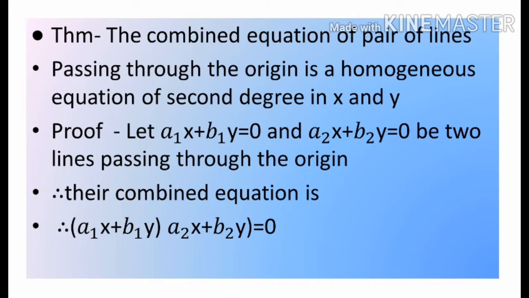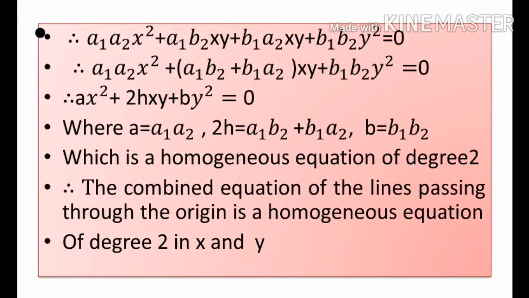By taking their product, we get the required combined equation: (a1x plus b1y) into (a2x plus b2y) equal to 0. Taking their product, we get a1 a2 x square plus a1 b2 xy plus b1 a2 xy plus b1 b2 y square equal to 0.